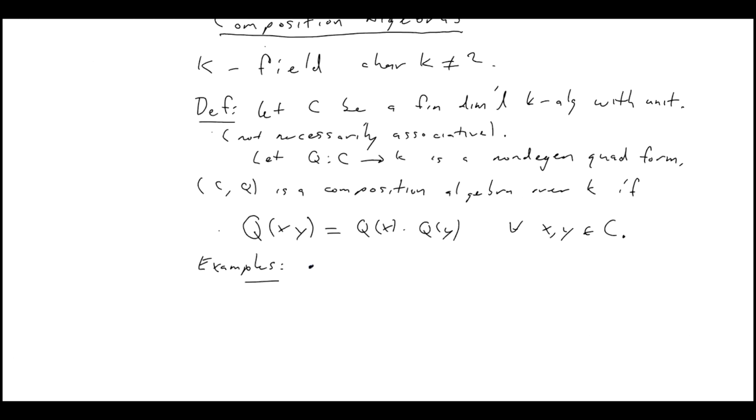Okay, so certainly we can take C to be K and our quadratic form to be x goes to x squared. This is in fact the only dimension 1 composition algebra.